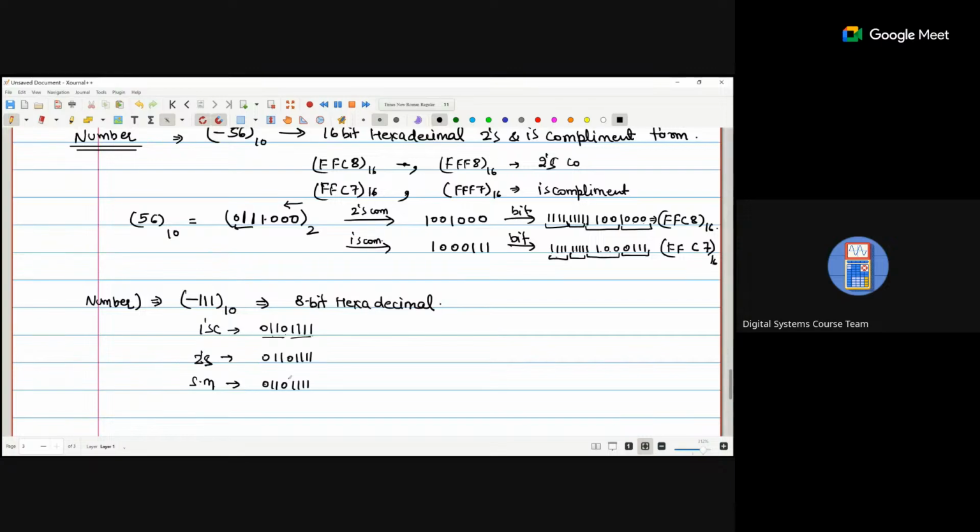But here we already have 8 bits. Now convert into one's complement, two's complement, and sign magnitude. 10010000.